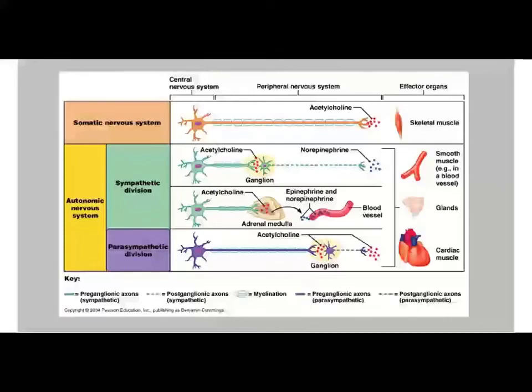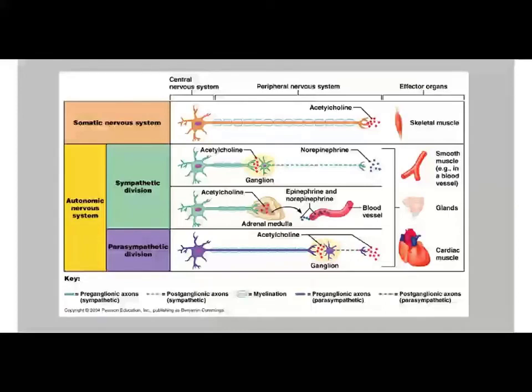Well, let's look at the parasympathetic nervous system. What we see down here, here's our very long preganglionic neuron. Here's our ganglion, and our very short postganglionic neuron.